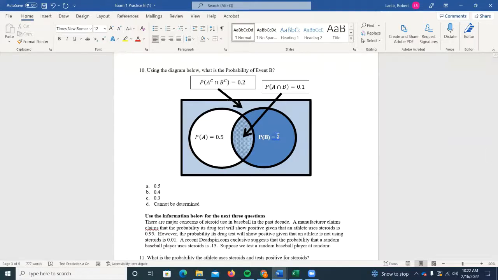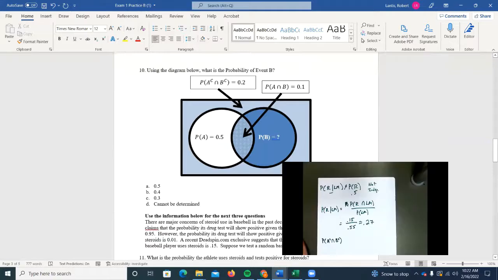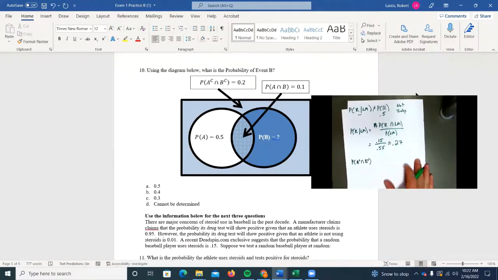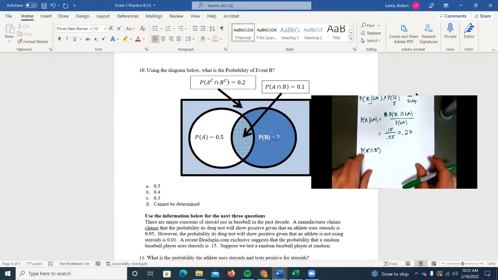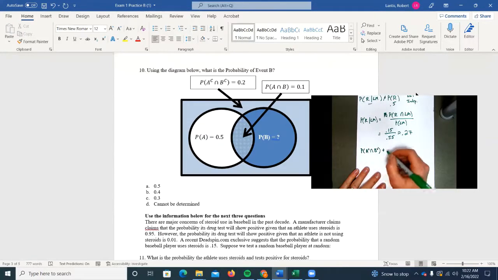So I've got the probability of A complement and B complement. That's that light blue area. Plus, what's the area that's in either one of these circles? How would I write that? That's the probability I'm in either one of them.